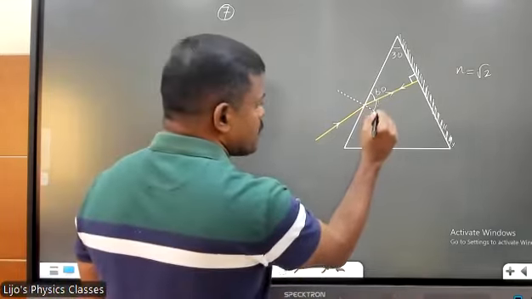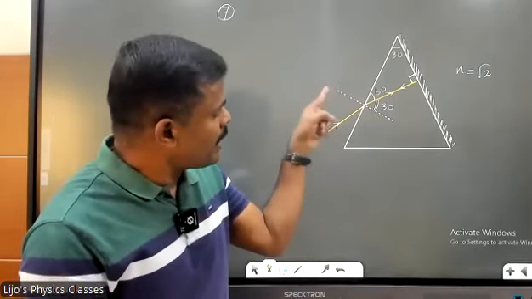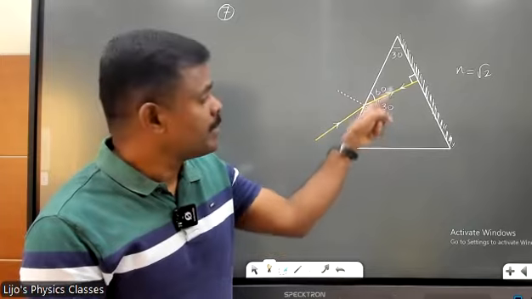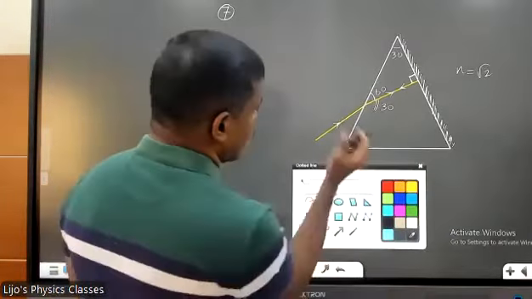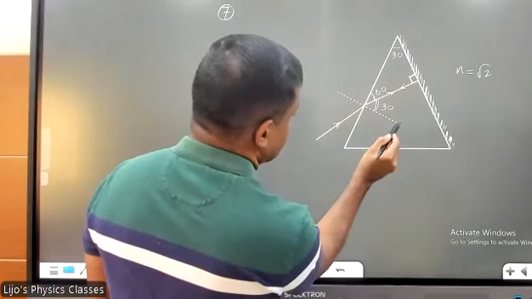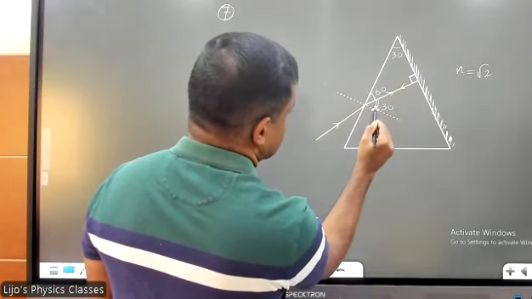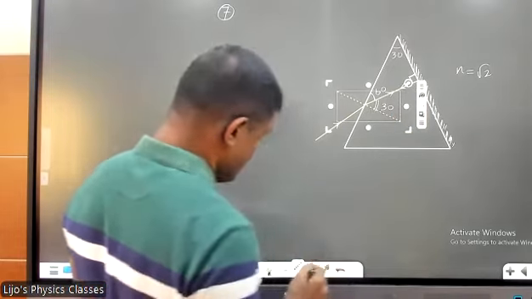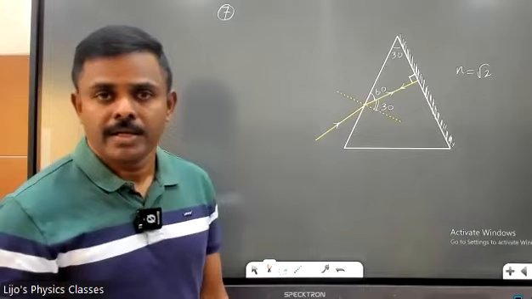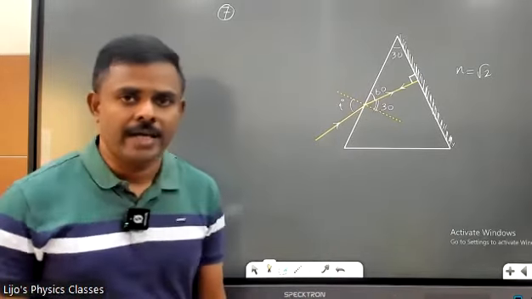This angle must be equal to 30 degrees because this is the normal I have drawn, which is making 90 degrees. So one of the angles is 60 means the other angle has to be 30. And I call this angle by the name angle of incidence, I.